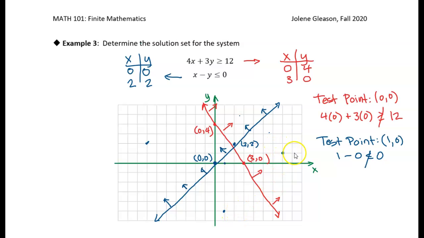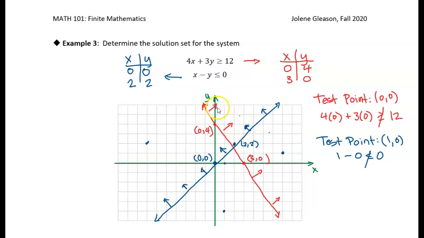If I pick a point here, it satisfies the first inequality, 4x plus 3y is greater than 12, but it doesn't satisfy the other inequality. The only portion of the plane that contains points that satisfy both are the ones where all of the arrows are pointing.